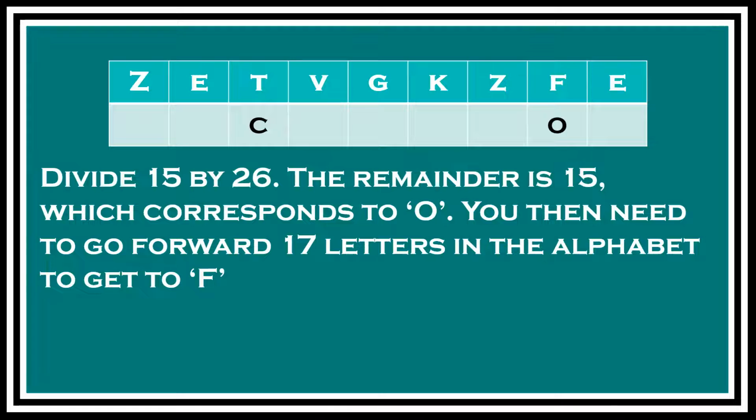And we divide 15 by 26, which gives us 15 corresponding to O. You then need to go forward 17 letters in the alphabet to get to F. So if we go 17 letters forward from O, and once we get to Z, we wrap around back to A, 17 letters from O gets us to F.